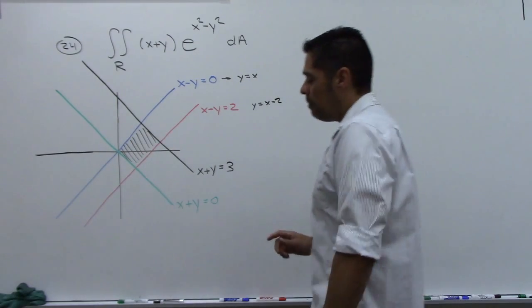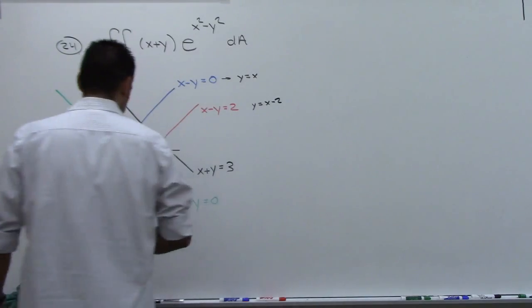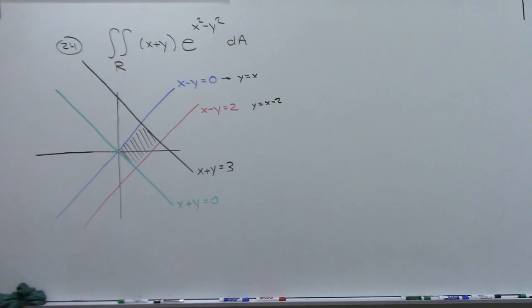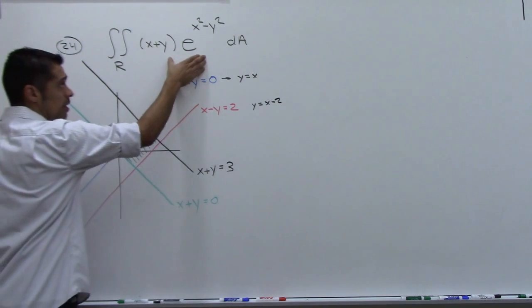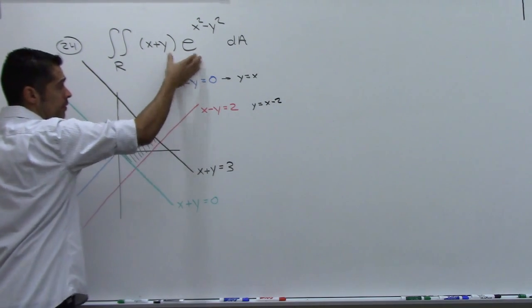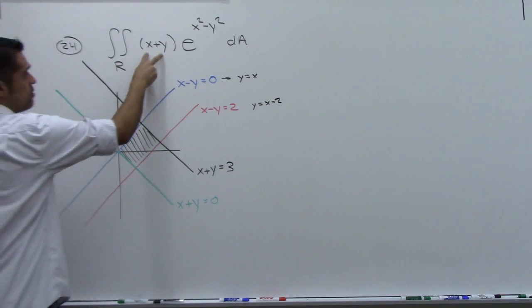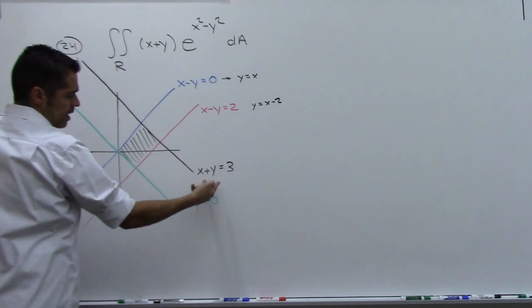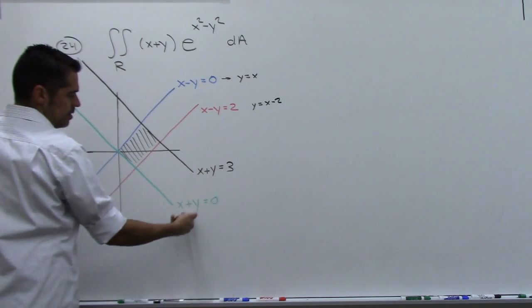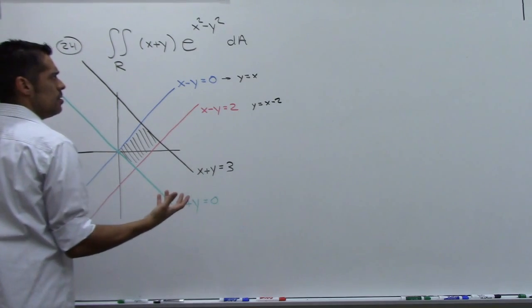Now, in this problem, they don't give you what the transformation is, and you have to come up with it on your own. So there's a couple of ways you can look at this. You can look at the actual integrand itself and look for things that look obvious to you, like x plus y appears here. Notice x plus y appears here twice. That might be a good substitution.